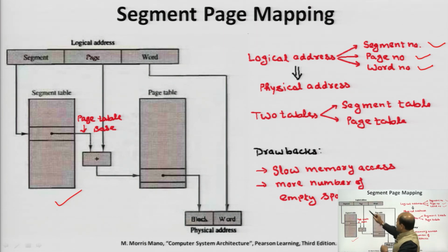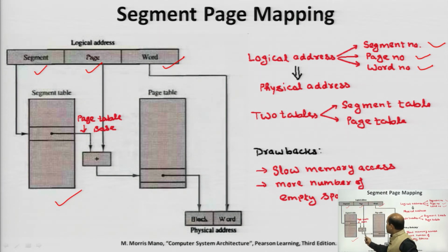You can see here the logical address has three parts: segment number, page number, and word number. From the segment table, the first table gives the page offset value, which is added with the page number given in the logical address.